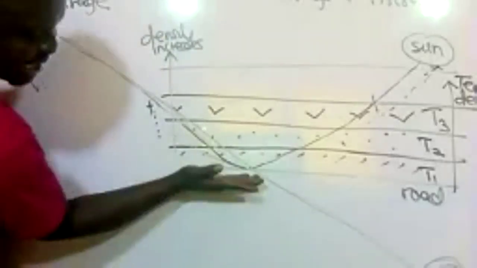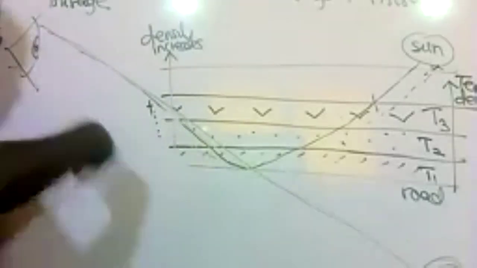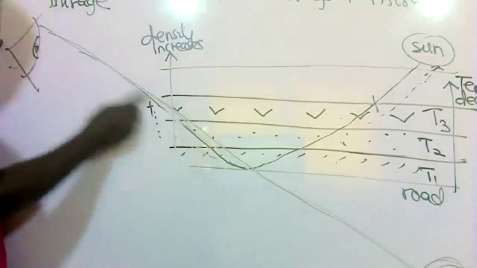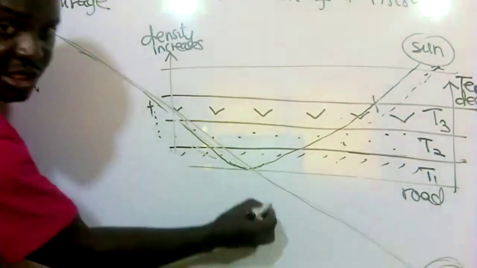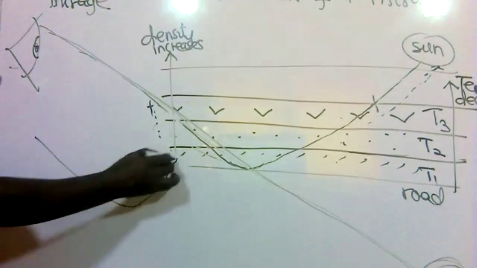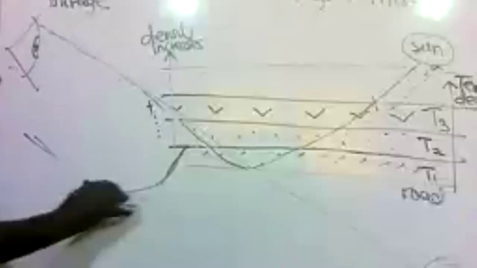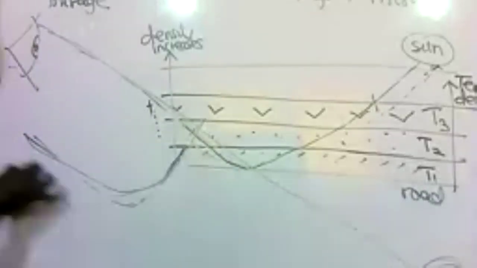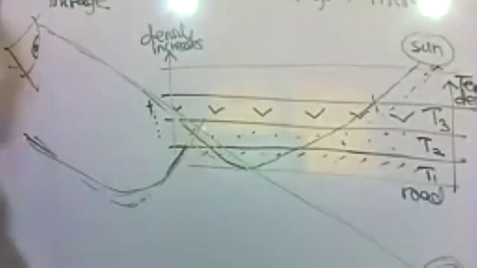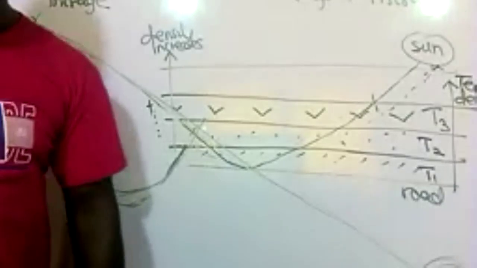When the ray hits the surface of the road, it is also progressively deviated towards the normal. It's not a sharp curve though, but successive deviation. This is how the mirage occurs.